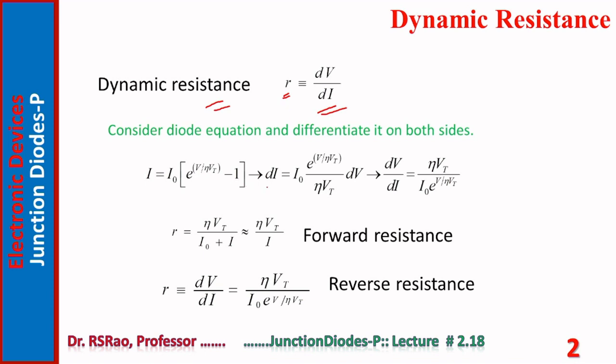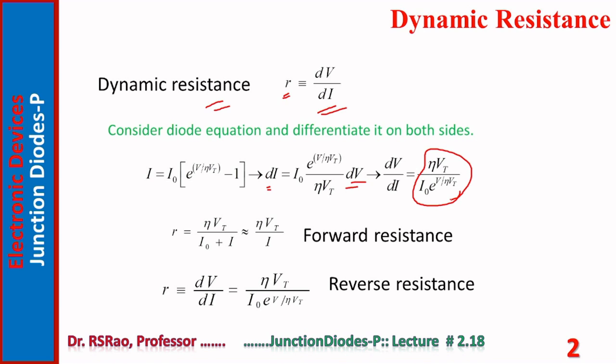Differentiation on both sides leads to dI equal to I naught into e power V by eta Vt into 1 by eta Vt dV. With a little bit of manipulation, we get dV by dI equal to eta Vt by I naught e power V by eta Vt. This is the expression, and it is valid for both biased situations.